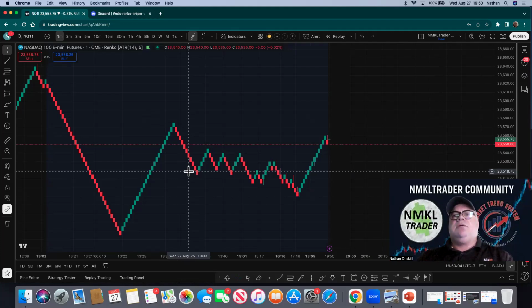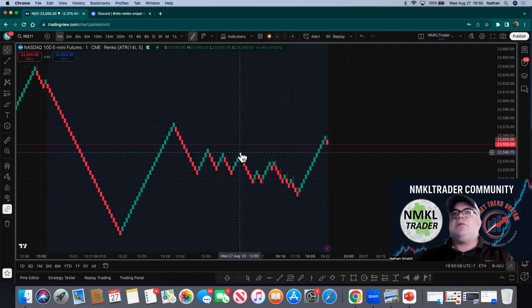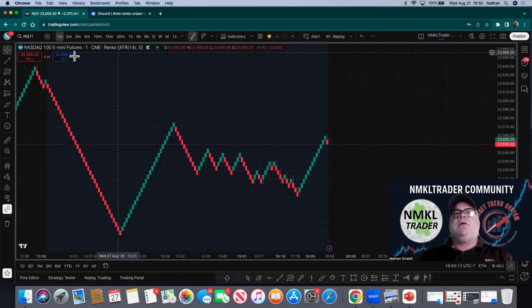Okay. So now we've got the Renko bar loaded. You see up here on your actual market, there's a brick size. This brick size right now is 5 points.